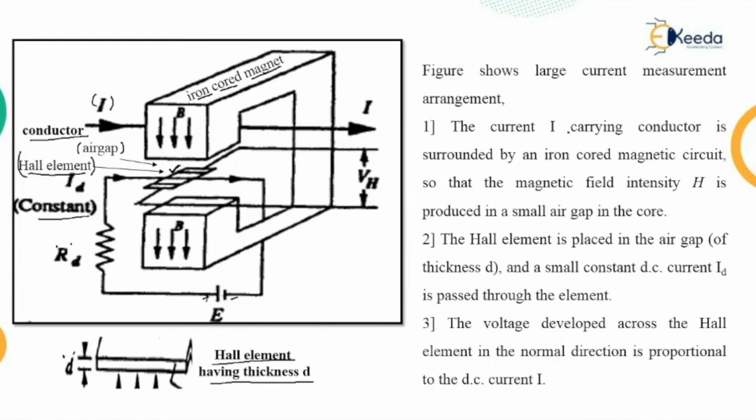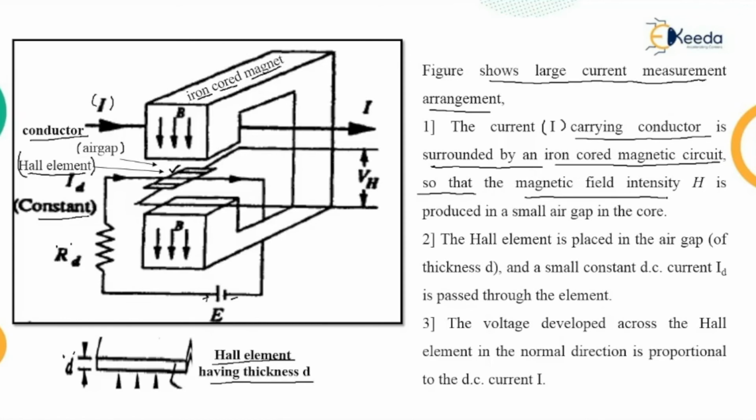So what this figure shows is the large current measurement arrangement. The current I carrying conductor is surrounded by an iron cored magnetic circuit, so that the magnetic field intensity H is produced in a small air gap.